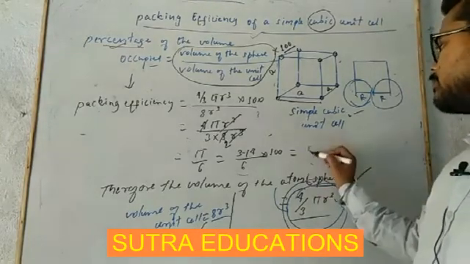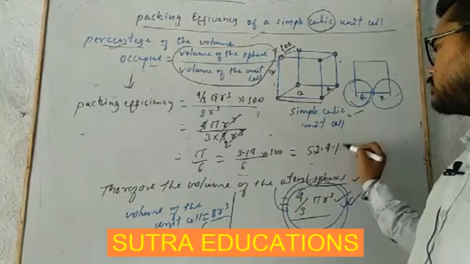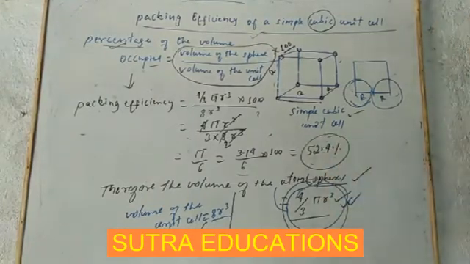Got it? So the packing efficiency of a simple cubic unit cell is equal to 52.4%. Okay.